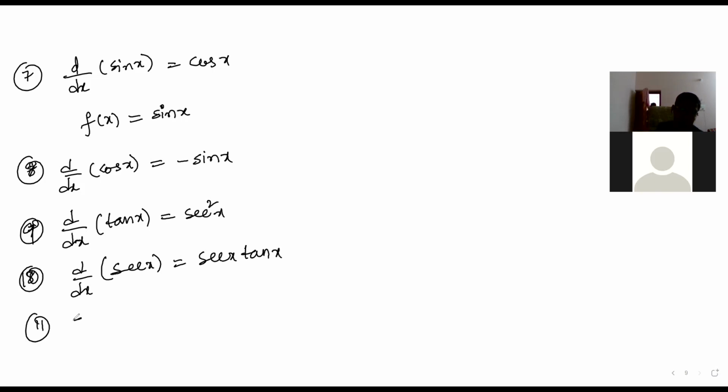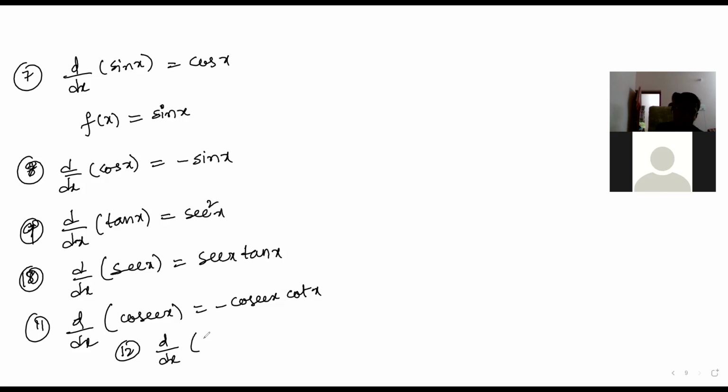And next, d by dx of cosecant x is minus cosecant x cot x. Next, d by dx of cot x is minus cosecant square x. This much we should know.